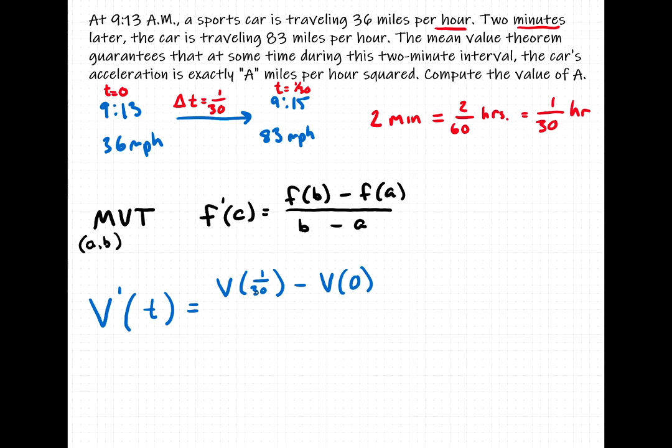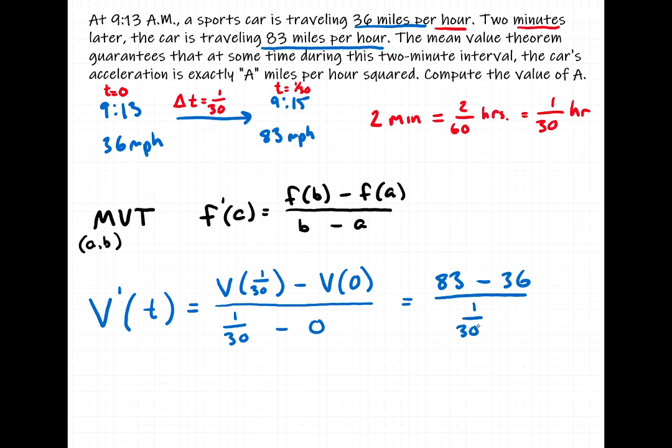So it's the ending velocity minus the beginning velocity, divided by the change in time, which is 1/30th minus 0. And the ending velocity given in the problem is 83 miles per hour. So we have 83 minus the 36 miles per hour, and that's divided by 1/30.